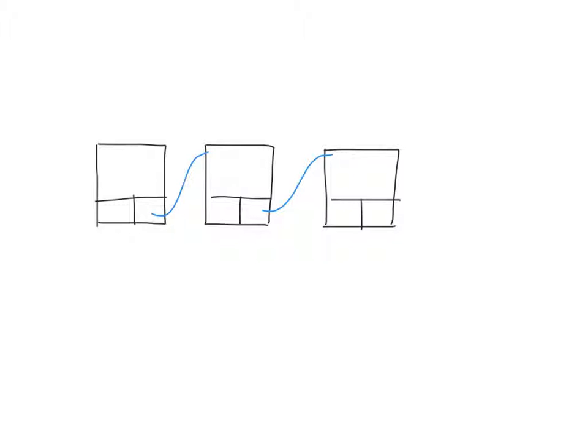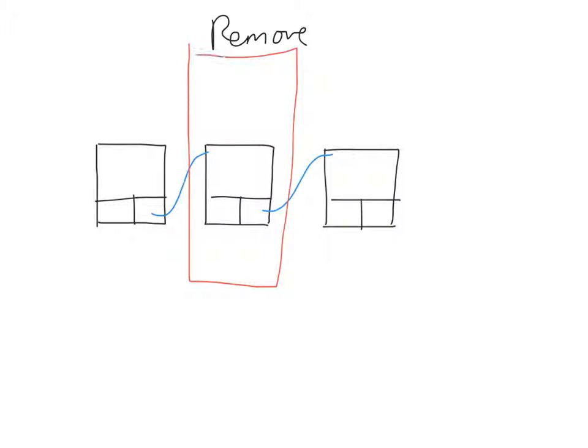What about remove? If we want to remove the middle element here, what we have to do is see what the connection is on the next of this element and make that the connection of the next of the previous element.